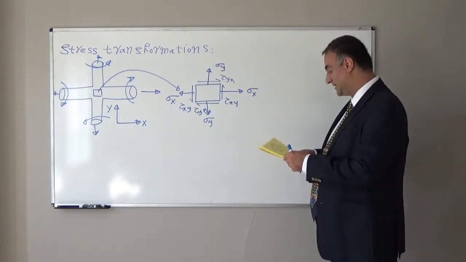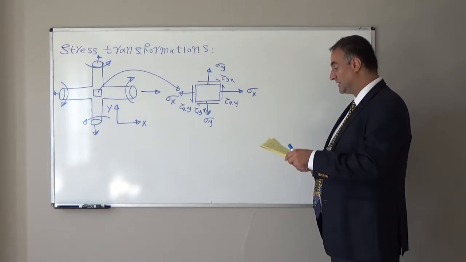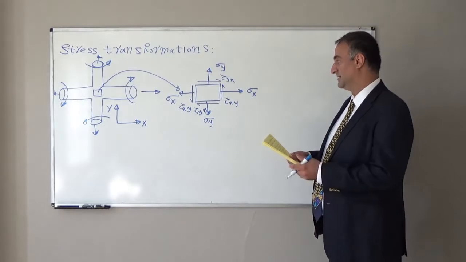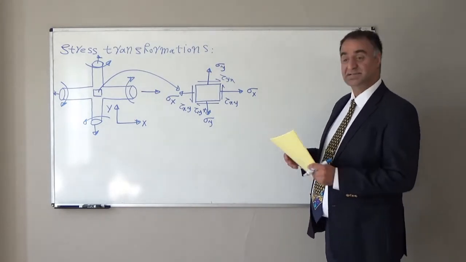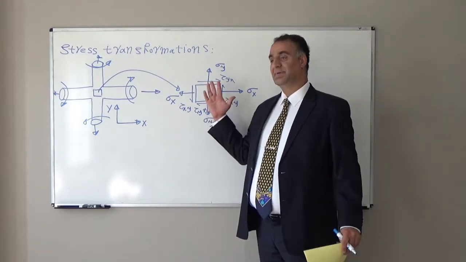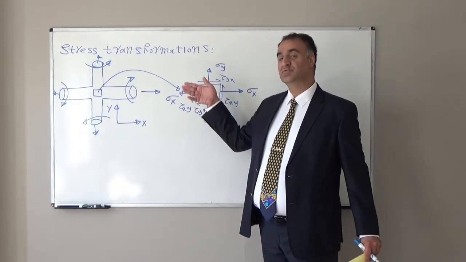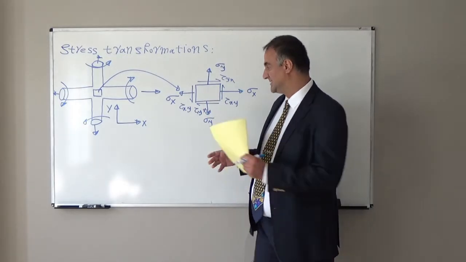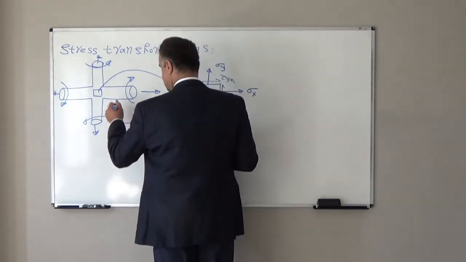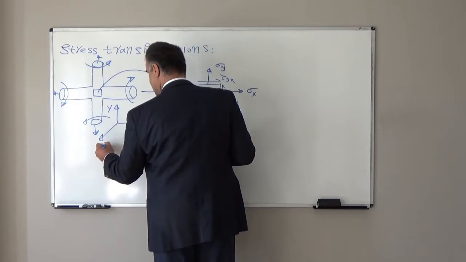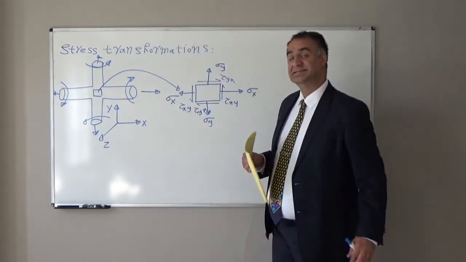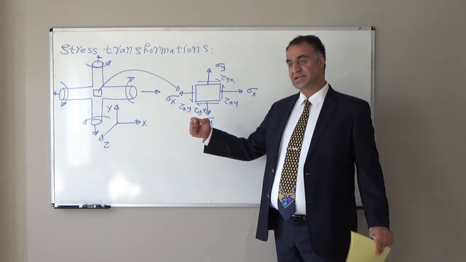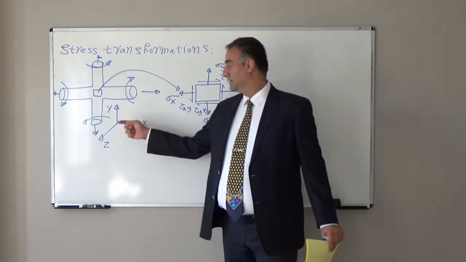After naming these stress components, we should pay attention: this is a plane stress element. A plane stress element means this element has two dimensions; it is in a 2D plane. This is x, this is y, and for example this is z. Stress in the z direction is equal to 0.